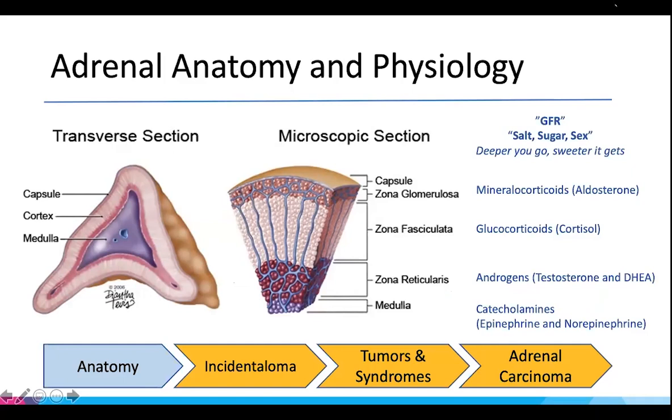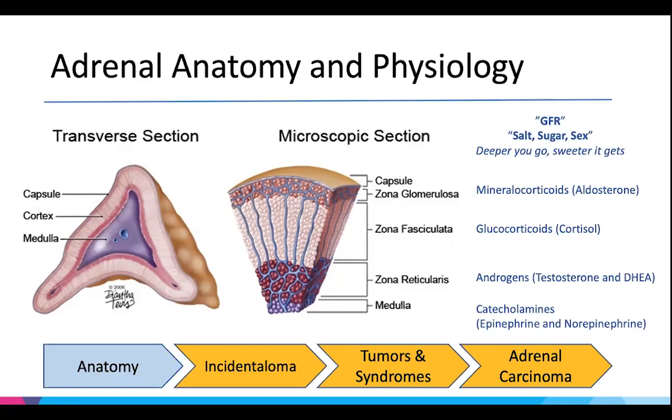The mnemonic to remember the different zones of the adrenal gland, going from outer to inner, you can remember GFR. So starting with zona glomerulosa, followed by zona fasciculata, and then zona reticularis, and then the medulla is the deepest. To remember what is produced by each zone, you can remember salt, sugar, sex.